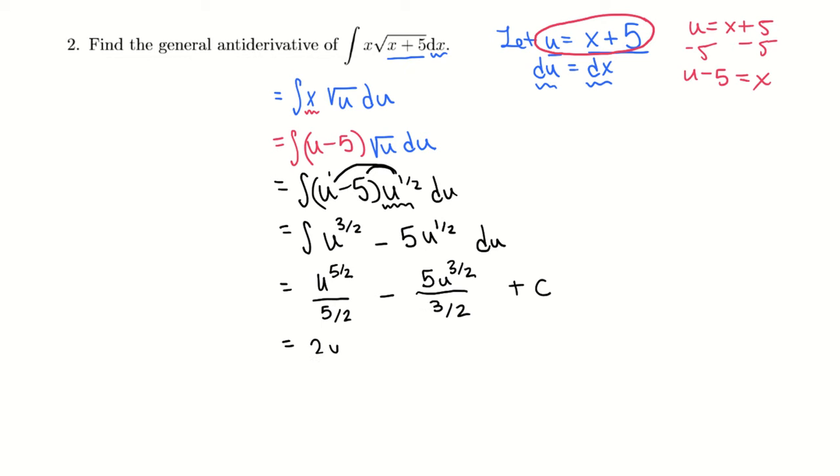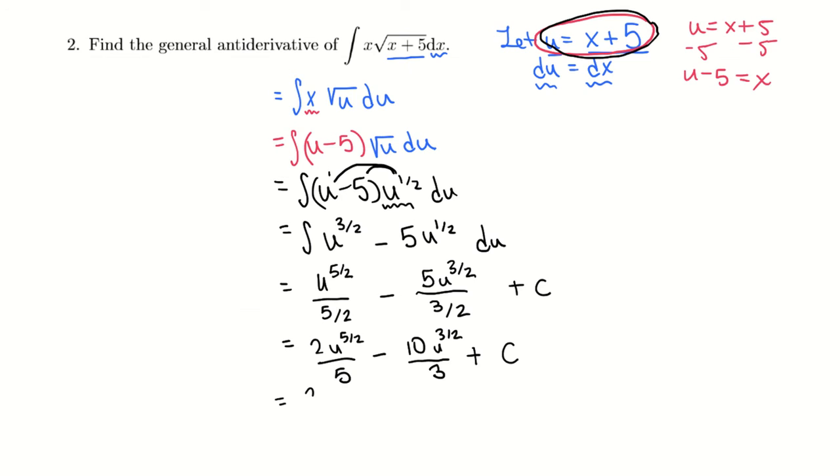This is 2u to the 5/2 over 5 minus 10u to the 3/2 over 3. And all that remains is to replace u, since u equals x plus 5.